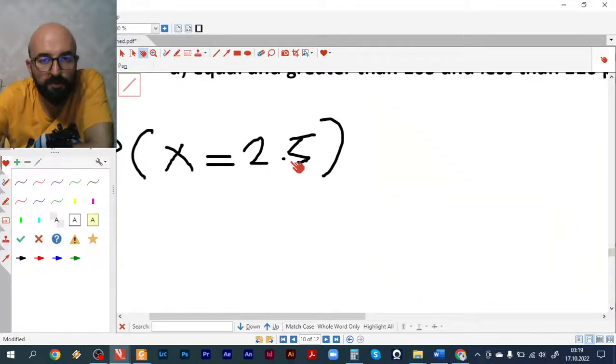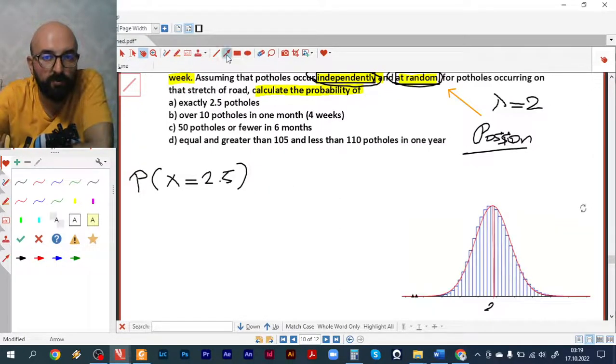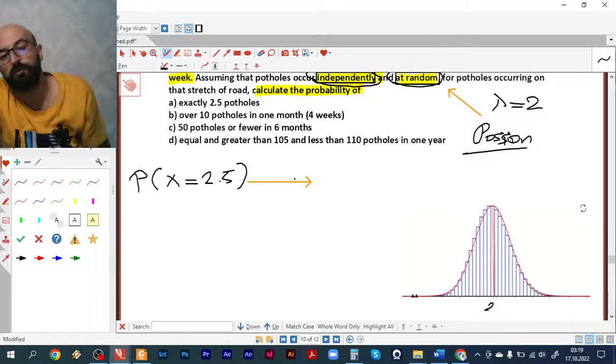For the Poisson distribution, if we want to pass to the normal distribution, we should make continuous data.